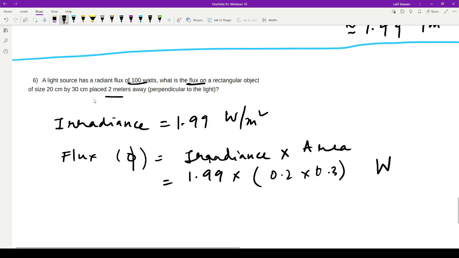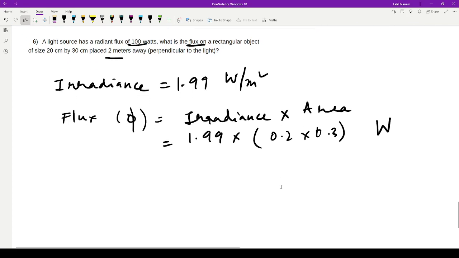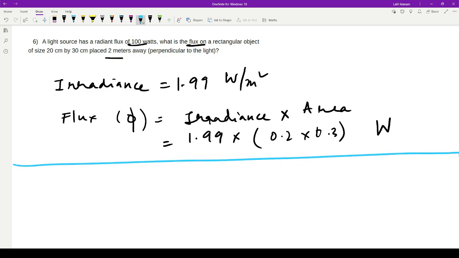Or rather, here in this case, how much power is being received by the rectangular object? Okay, fine. Any doubts in this question? Okay, then we'll move on to the next one.